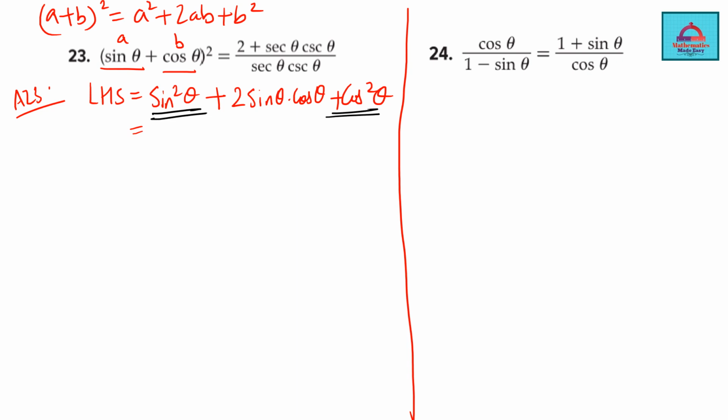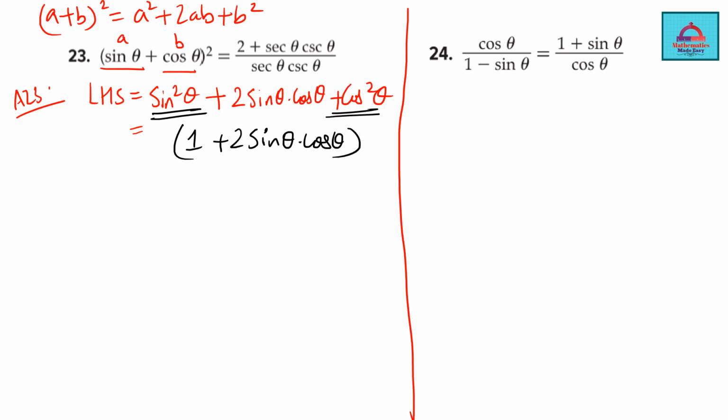So let's see what this reduces to. I've got 1 plus 2 sine theta cos theta. This is the value of the left side. Okay, let's see the right side also.